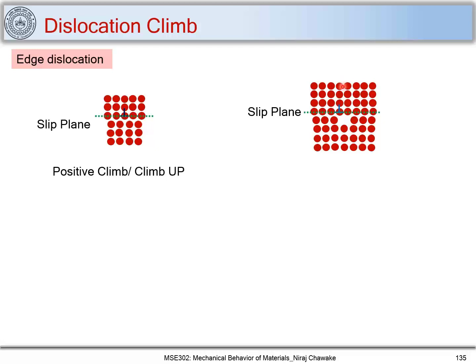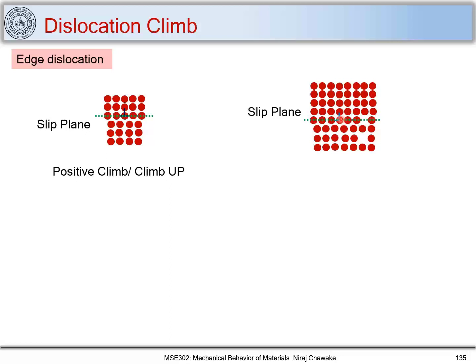Now in this case the atoms will diffuse to the extra half plane and other atoms will start diffusing in, and you can see here the atoms have diffused and a dislocation has moved down, here because this is an extra half plane and this now becomes our slip plane.